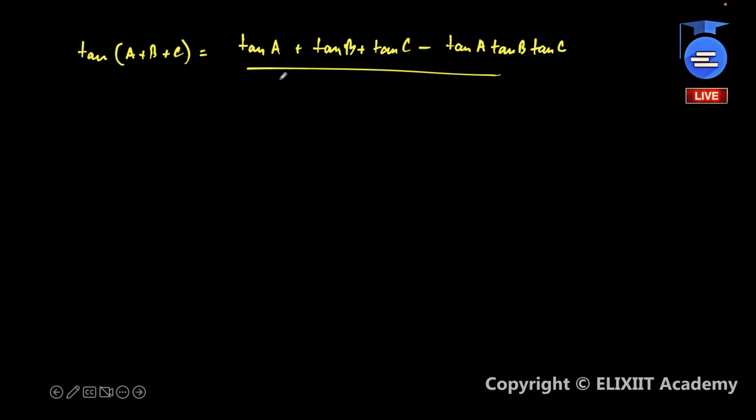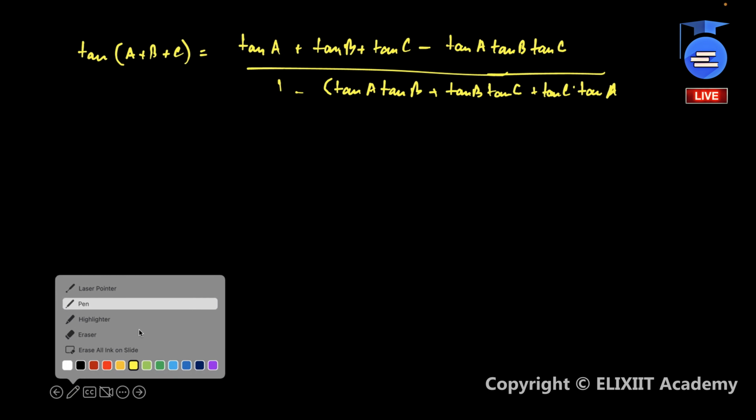The formula for tan A plus B plus C is tan A plus tan B plus tan C minus tan A tan B tan C, divided by 1 minus tan A tan B plus tan B tan C plus tan C tan A. Okay. This is the formula for tan A plus B plus C.